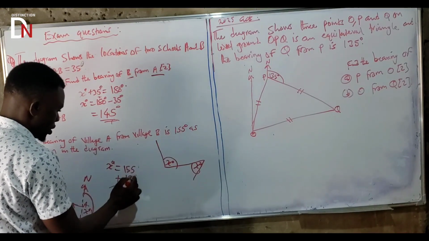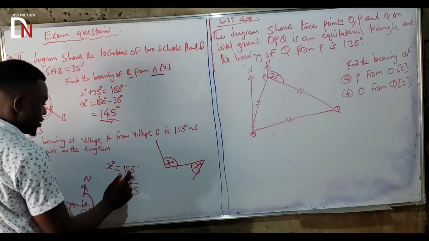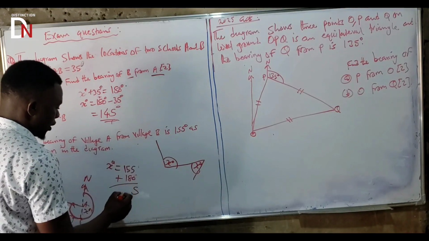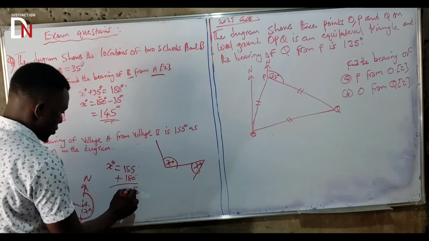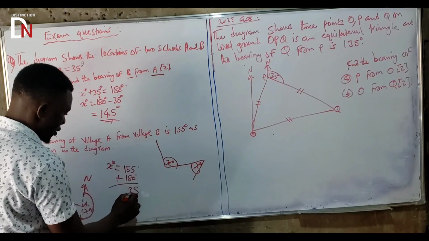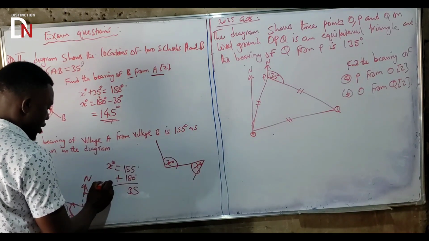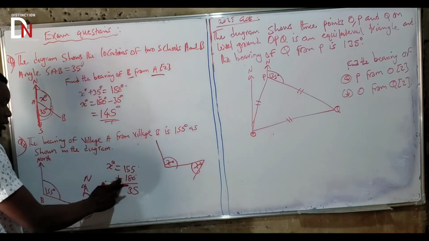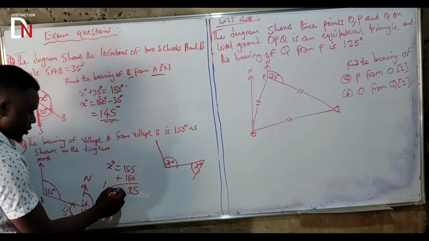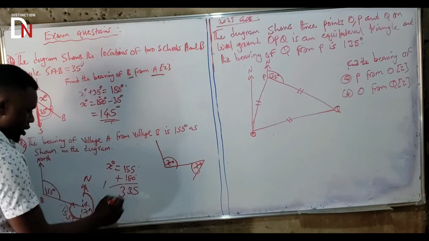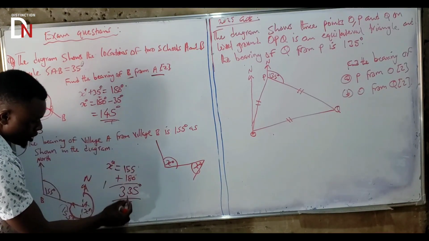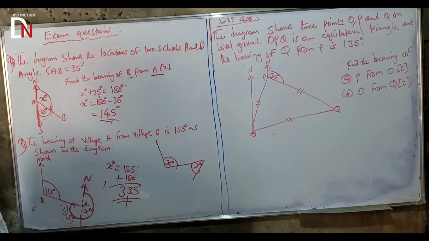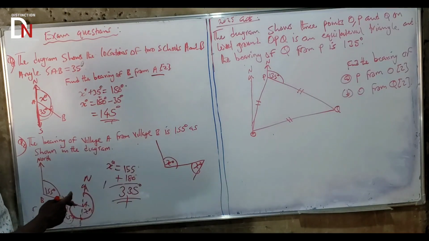So what am I going to get? 5 plus 0 is 5. 8 plus 5 is 13. So we write 3, carry 1. 1 plus 1 plus 1 is 3. So the answer is 335 degrees.